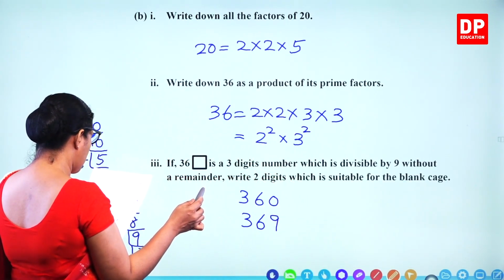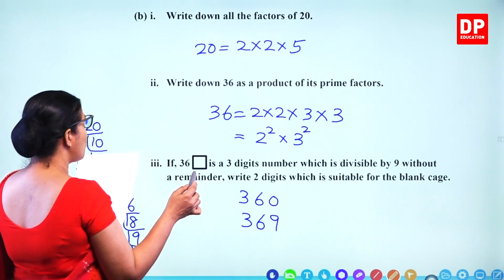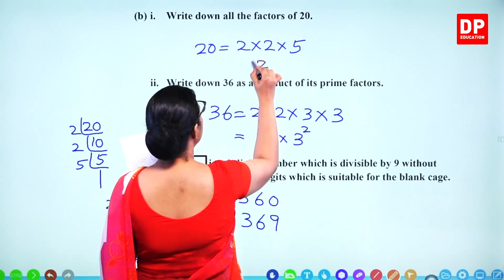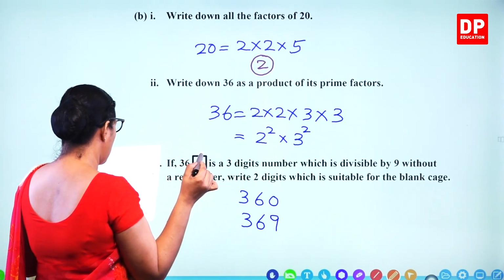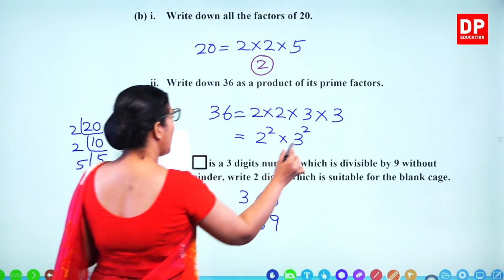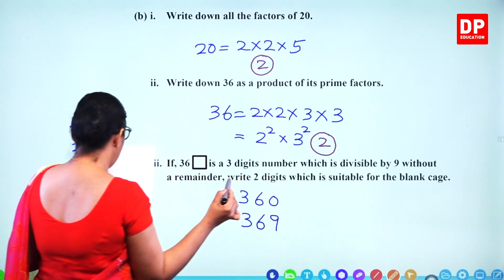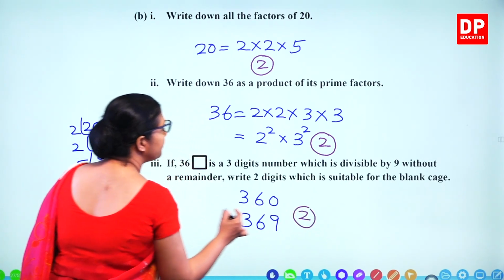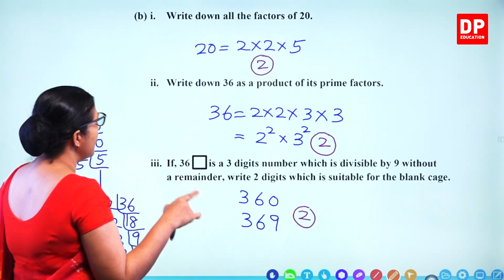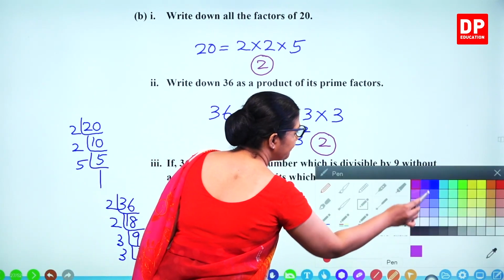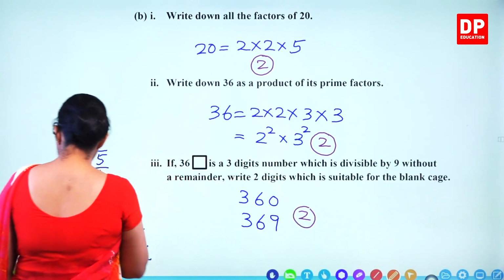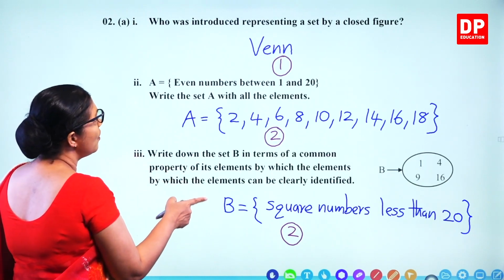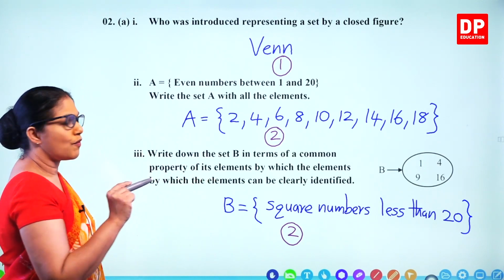So how many marks? 2, 2, 5, 2 marks here. 2, 2, 3, 3, that's 2 marks. And 0 or 9, 2 marks. 6 here. So 6 and before we gave 5. 11 marks for the whole question.